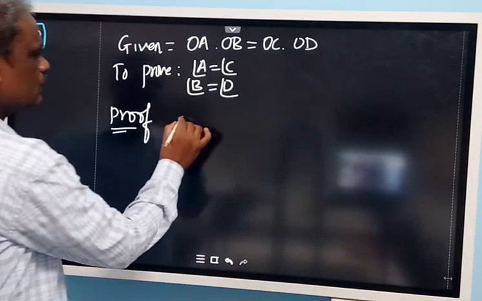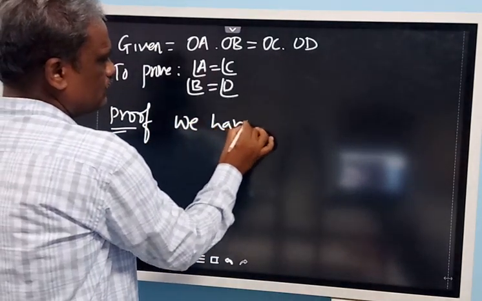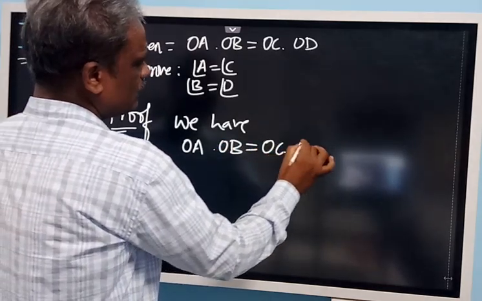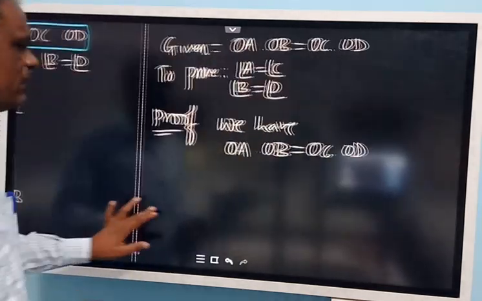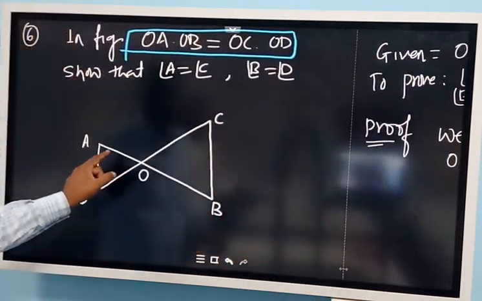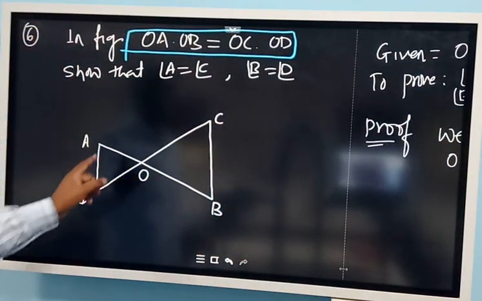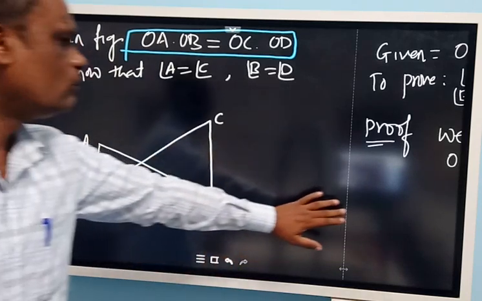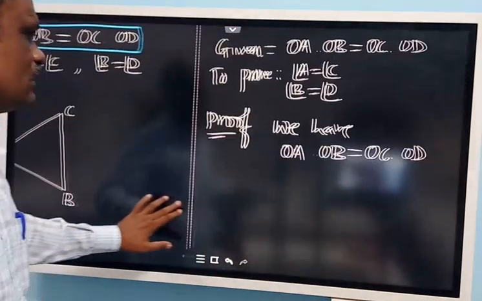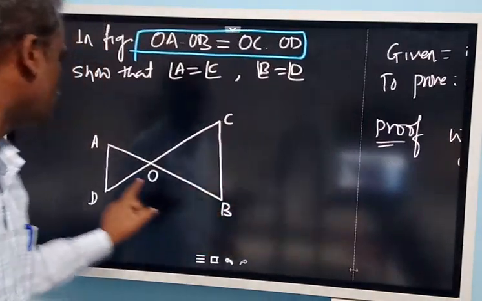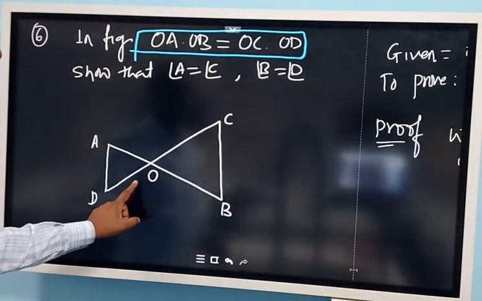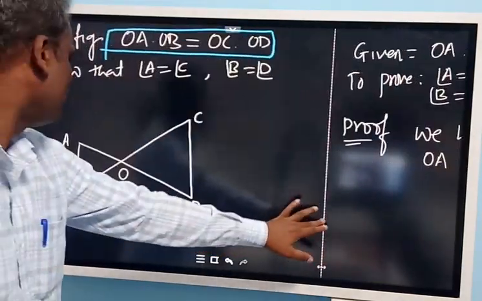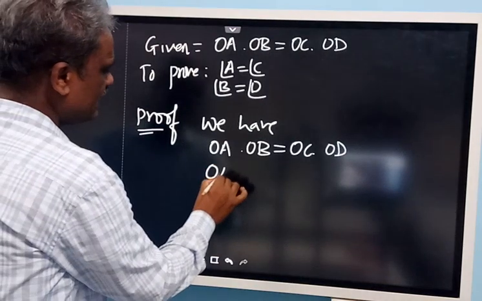Now we have OA dot OB is equal to OC dot OD. What can be done here? We need to take the ratio of OA and OB. Look at this. OA and OB, these two parts, OC and OD. So what you can write, OA by OC, see corresponding sides, OA is in this triangle, OD is in this triangle.